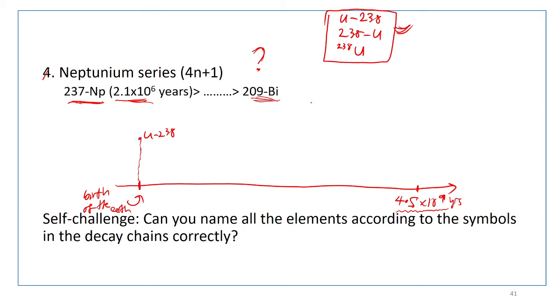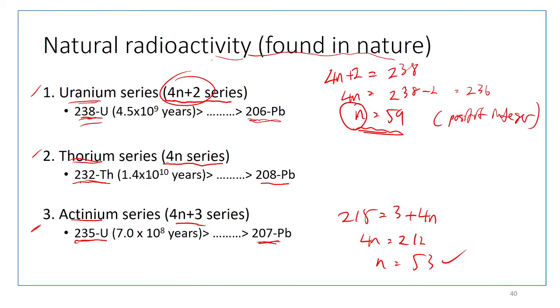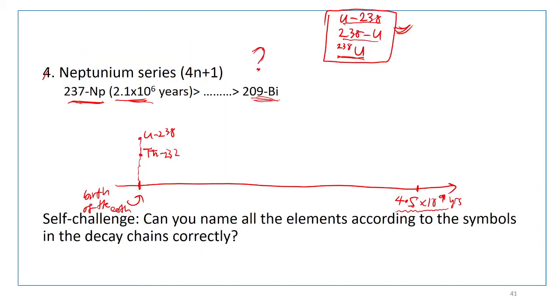Sometimes I write this way, sometimes I write that way, sometimes the book writes it this way. All mean the same thing. So uranium 238, and then thorium 232, and then uranium 235, then neptunium 237.